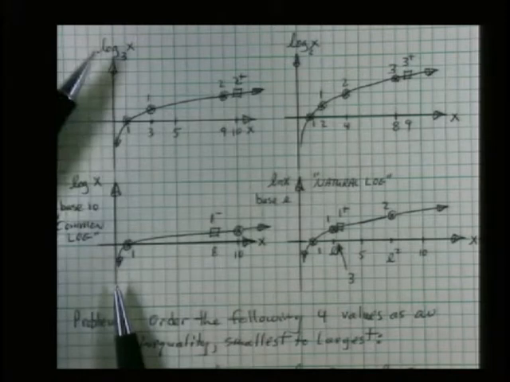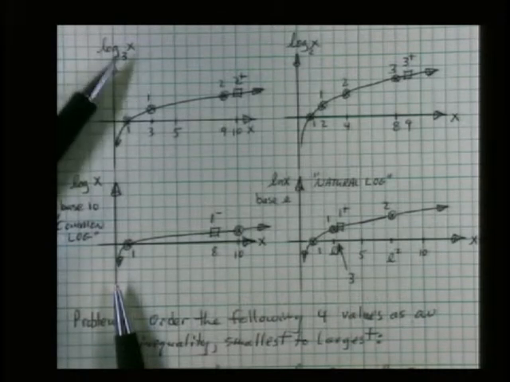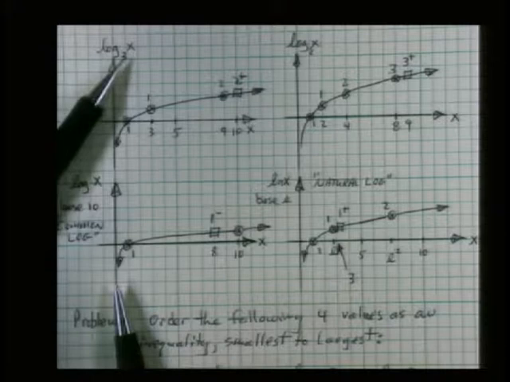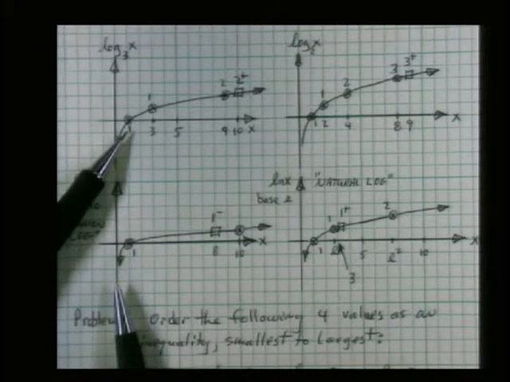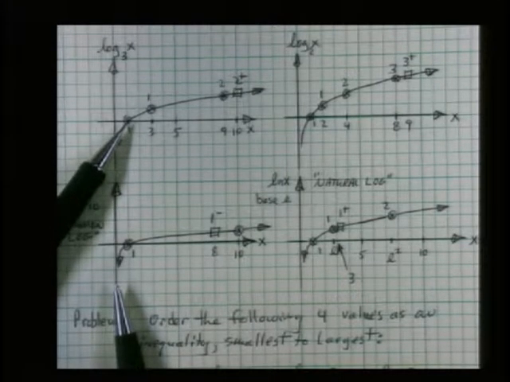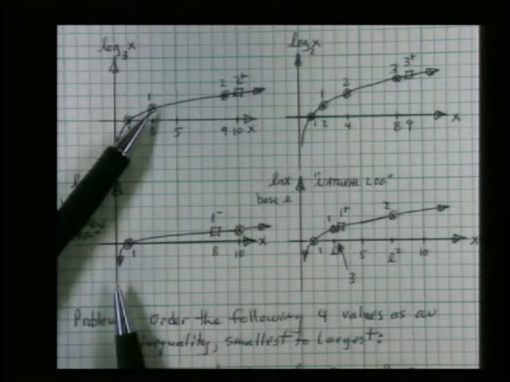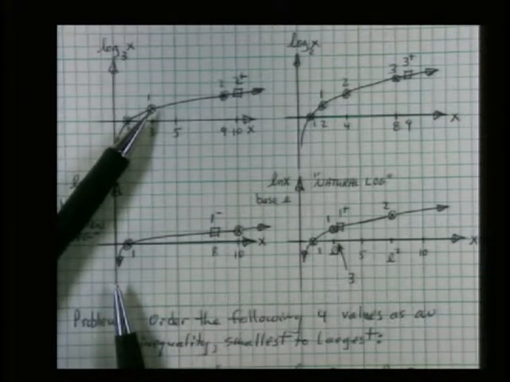So, look at the first one up here, log base 3 of x. The log base 3 of 1: what's the exponent of 3 that gives you 1? It is 0. You move out to the base's value of a logarithm to see a height of 1.